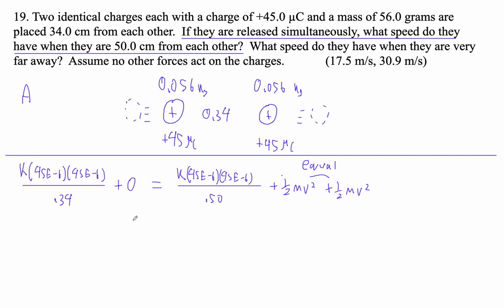This term here is alpha F1. It's alpha K. I just stored 8.99 times 10 to the 9th in there, times 45 E minus 6 times 45 E minus 6 over 0.34. So this term is 53.543.